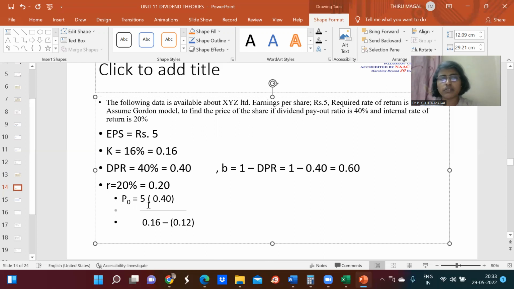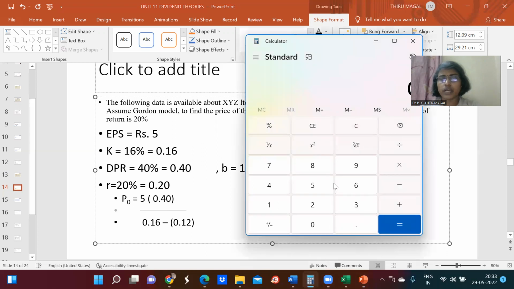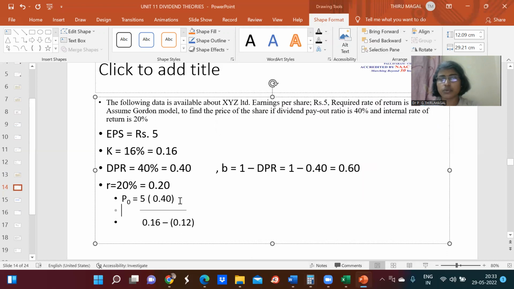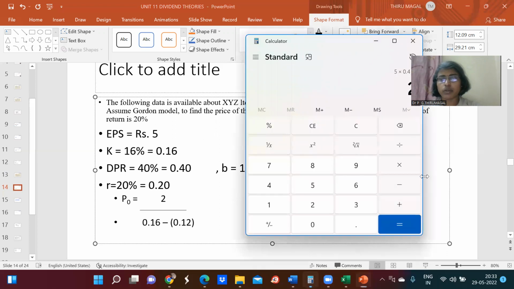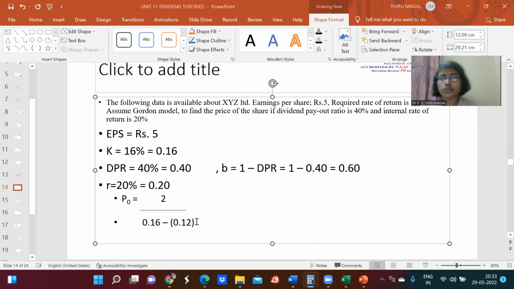Now we can simplify further. 5 multiplied with 0.40, the value comes as 2. The numerator value is 2 here now, divided by 0.16 minus 0.12, which means 0.04. So the denominator value is 0.04. Now we need to divide these two.